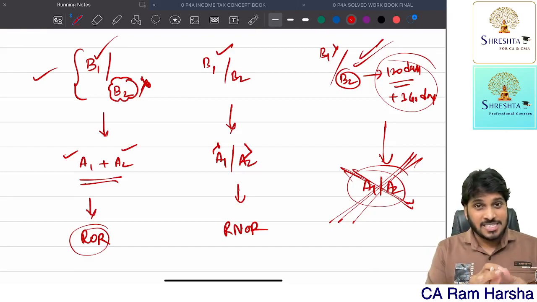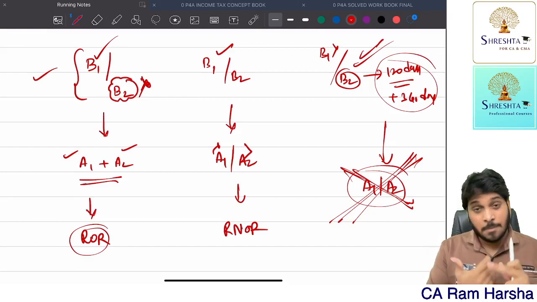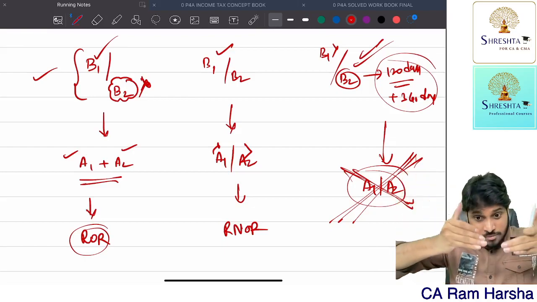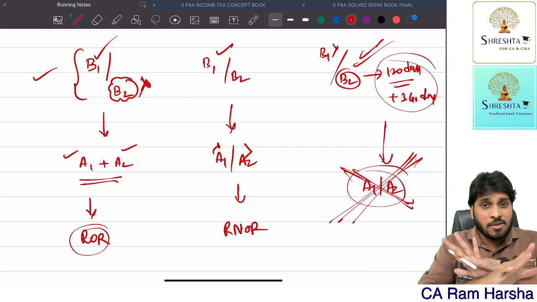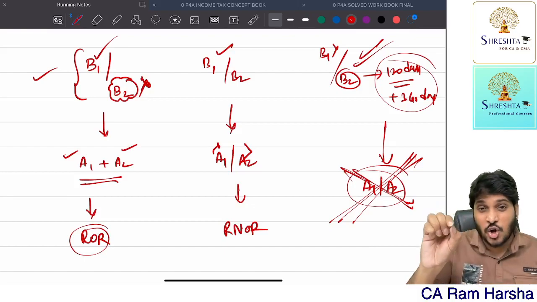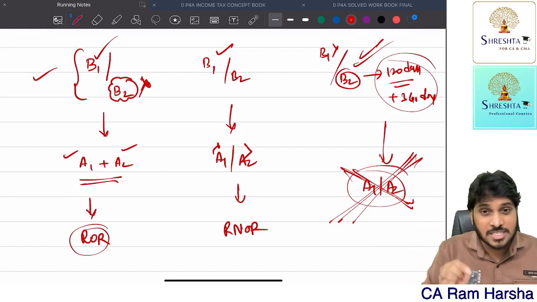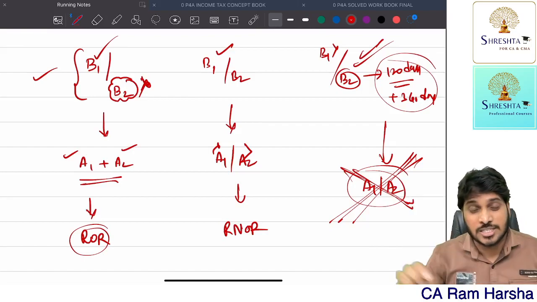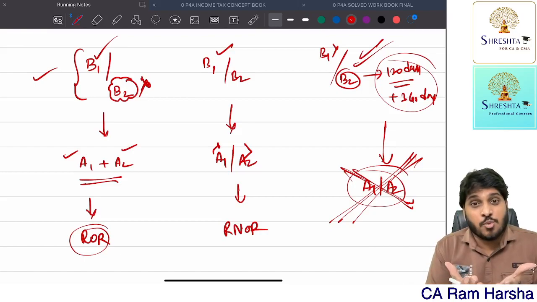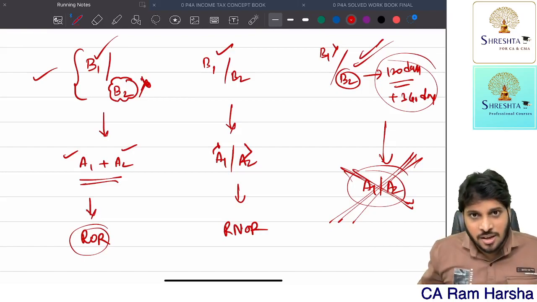Only if a person satisfies the 182 days criteria or the 60-day criteria, only if either of these two is satisfied, then A1 and A2 will come. Otherwise, we will not check A1 and A2. Suppose a person becomes a resident in section 6 clause number 1 because of the 120 days logic, the more than 15 lakhs income logic, then we don't even check additional conditions.